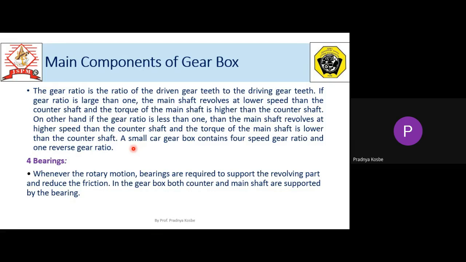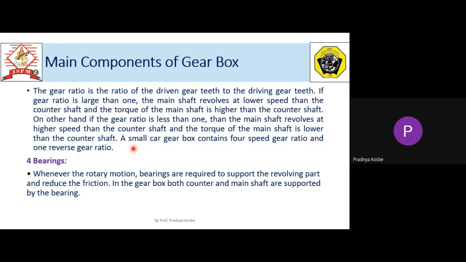The gear having the smaller diameter is known as a pinion, so it has fewer teeth compared to the gear. So most of the time the gear ratio is greater than 1, but if it is opposite, it can be less than 1 according to the definition.